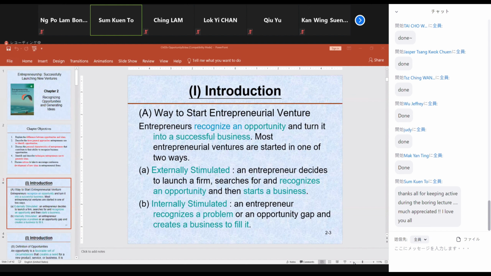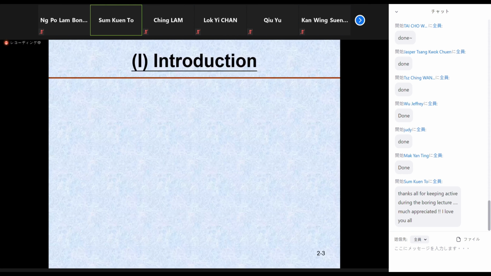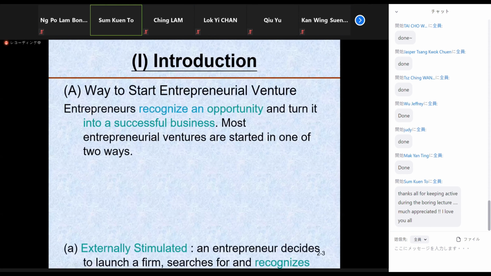Okay. So before the break, we were talking about the topic of the definition of opportunity and ideas. Let's move on with what it is all about. An opportunity is something that happens external to you or internal to you.